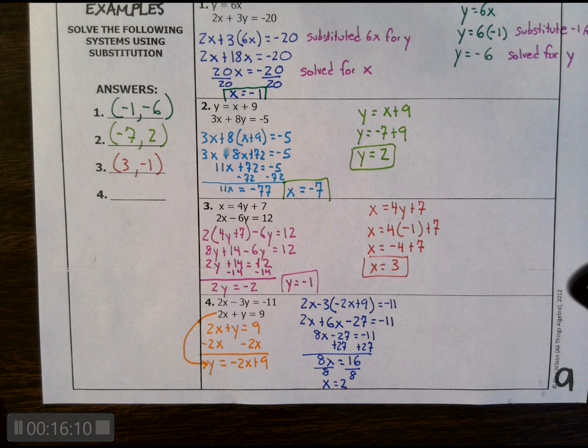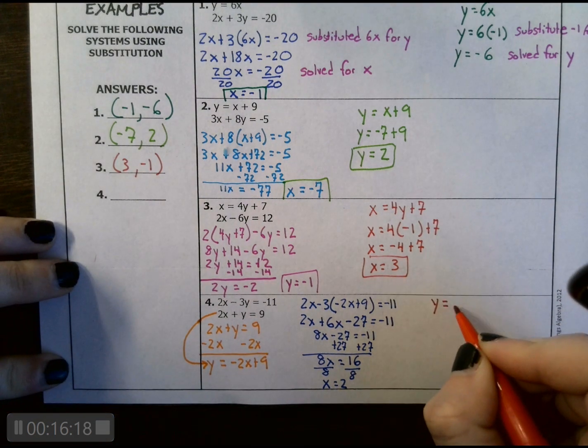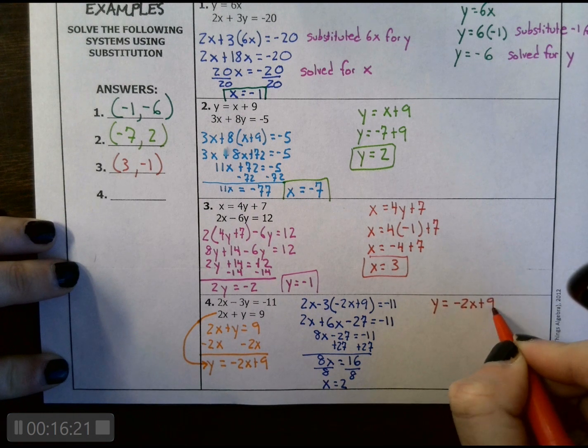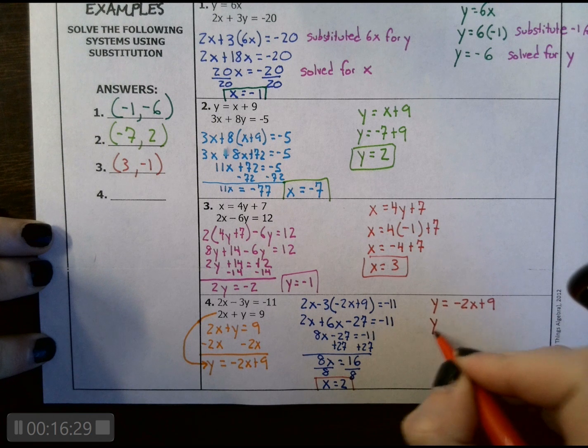Alright. Third and final step. We are going to take our equation from step 1, meaning this one. And so we're going to rewrite y equals negative 2x plus 9. And everywhere there's an x, we are going to substitute 2.